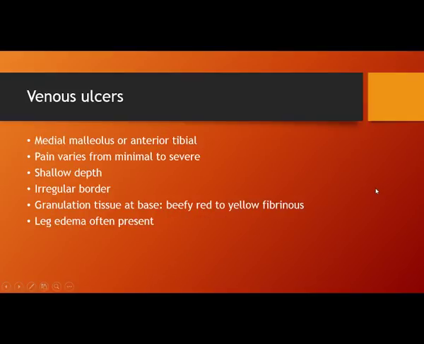Venous ulcers typically occur in the medial malleolus or anterior tibial area. Pain varies from minimum to severe. Shallow in depth with an irregular border. And then the granulation tissue could be beefy red or yellow fibrinous, and it's frequent to have leg edema.